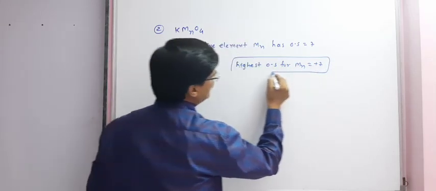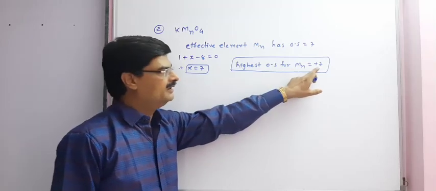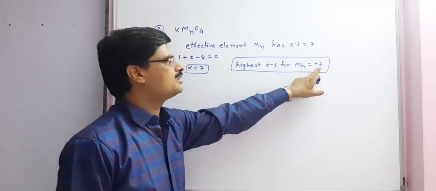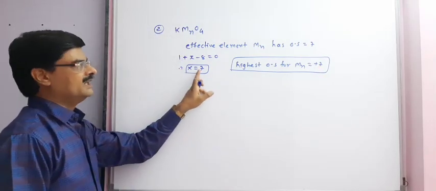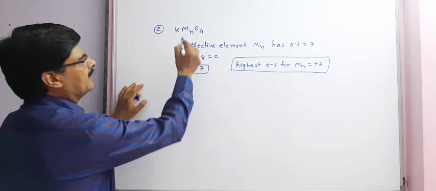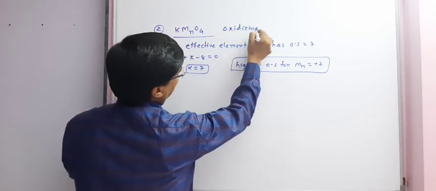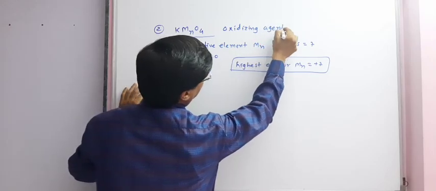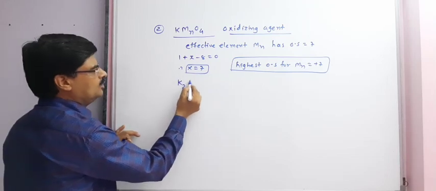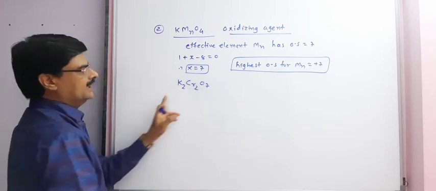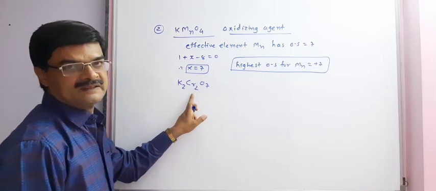This can also be understood if we write the electronic configuration of Mn. Even then we can understand that the highest oxidation state for Mn is plus 7. It means that it can behave only as an oxidizing agent. Same case we study for K2Cr2O7. Why can it behave only as an oxidizing agent?